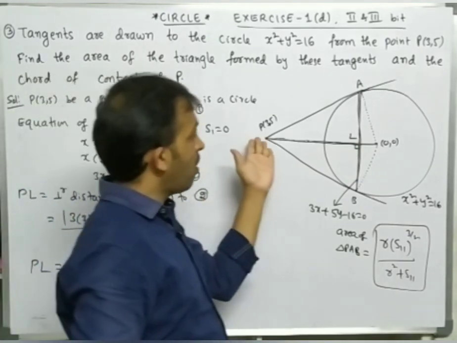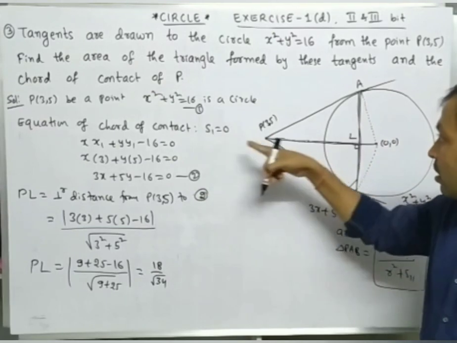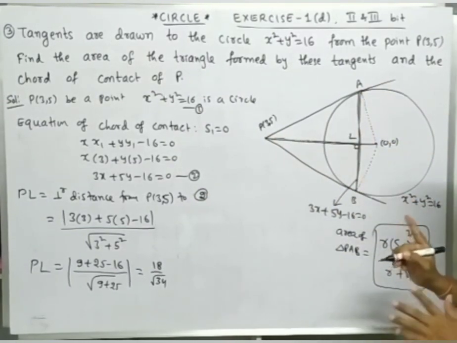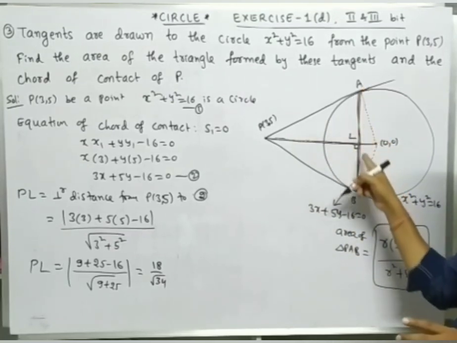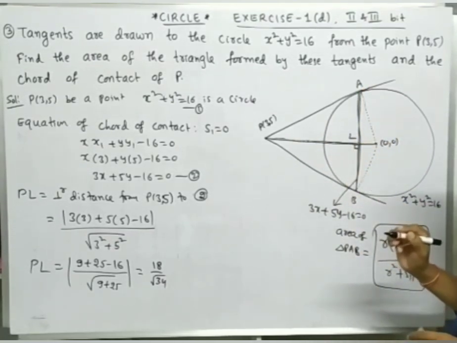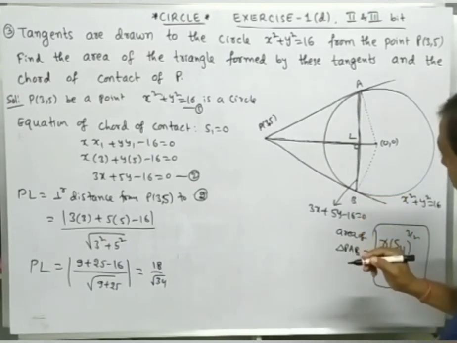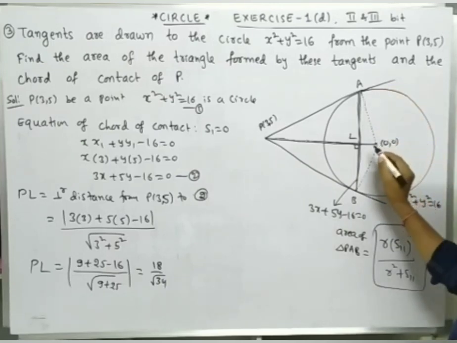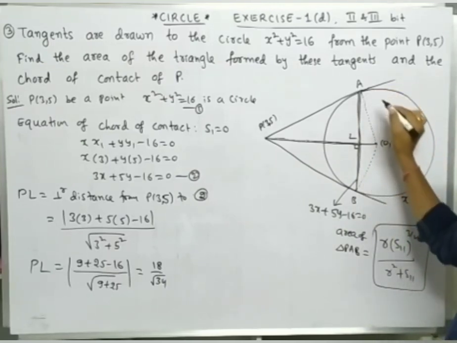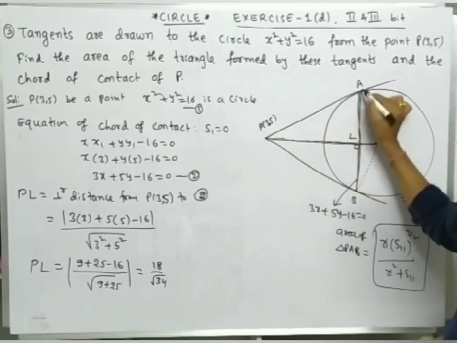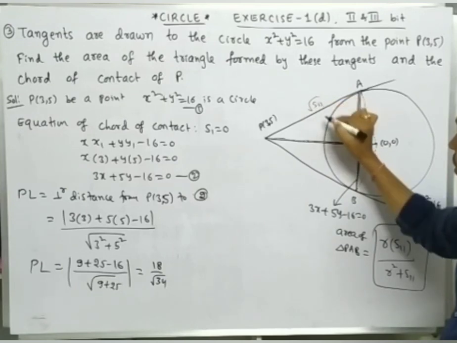Next we got the height, the perpendicular distance from P to the chord. We got that distance PL. Now we require this AB, that is the length of the chord. Length of the chord we can find by using this triangle or this triangle. From this triangle we can find root S11.